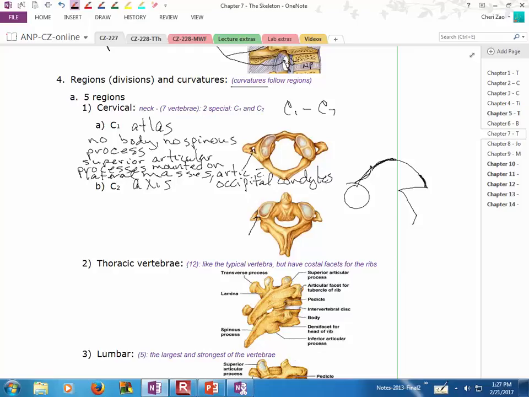But let's do C2, which is our axis. Axis has this unique projection called the Dens or odontoid process. This actually projects upward into the foramen of C1 and allows C1 to rotate on this.